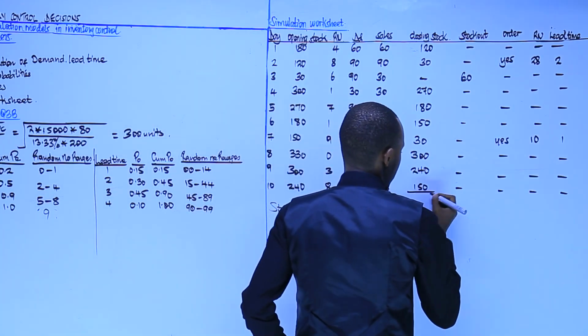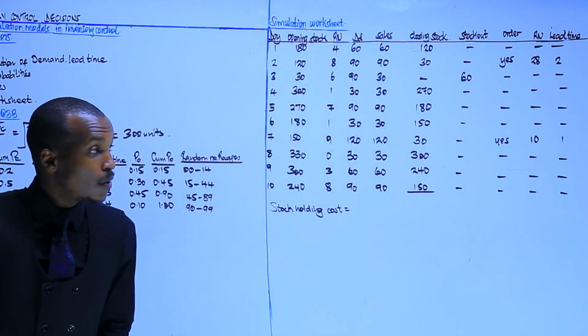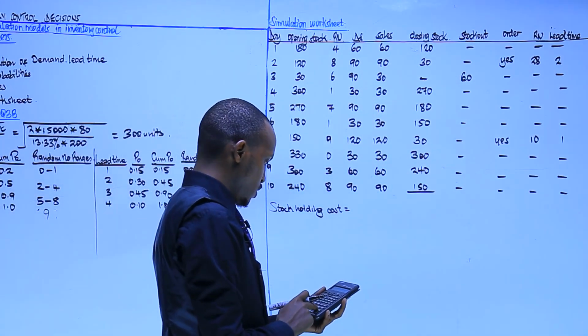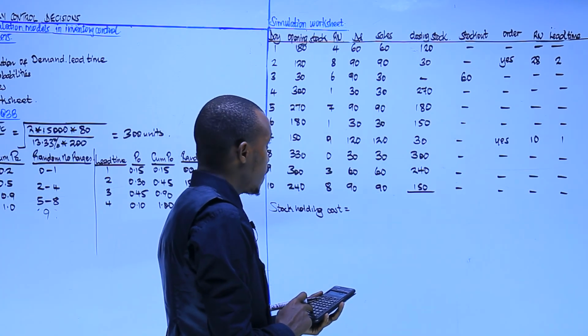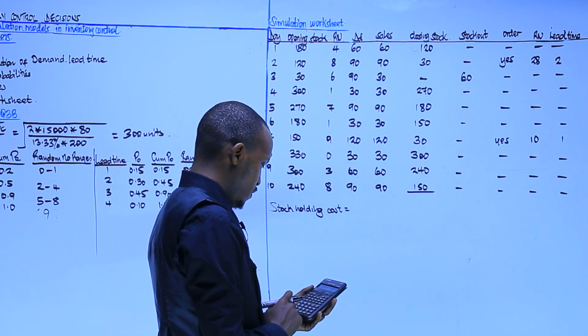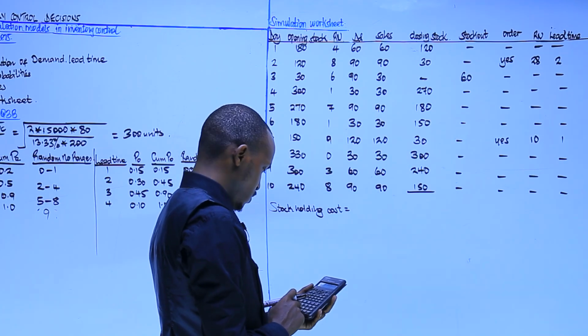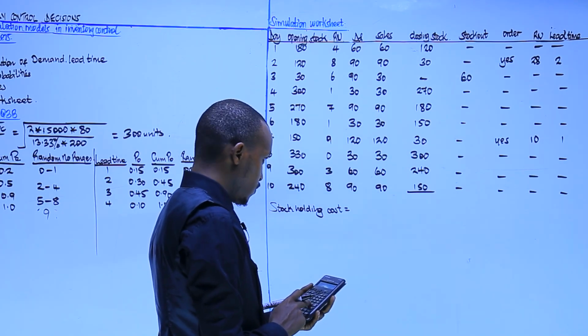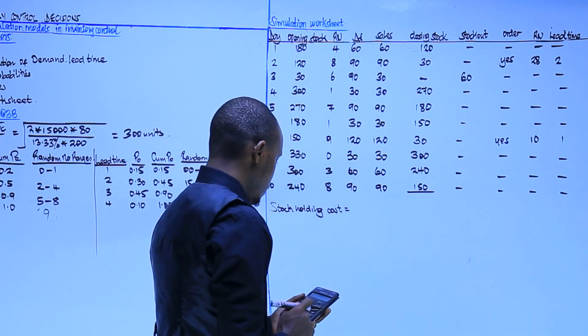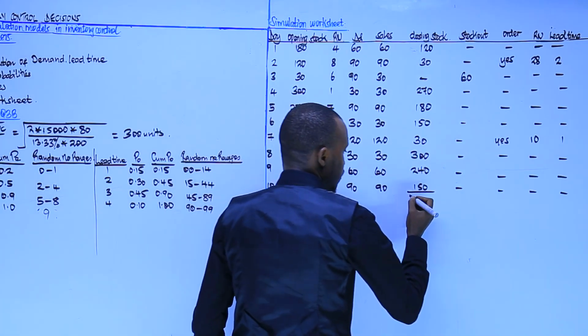So which is all these units? The closing stocks 120 plus 30 plus 270 plus 180 plus 150 plus 30 plus 300 plus 240 plus 150, 1470.